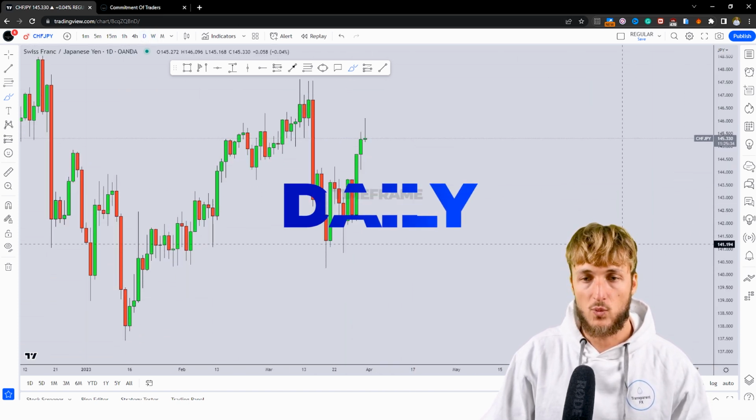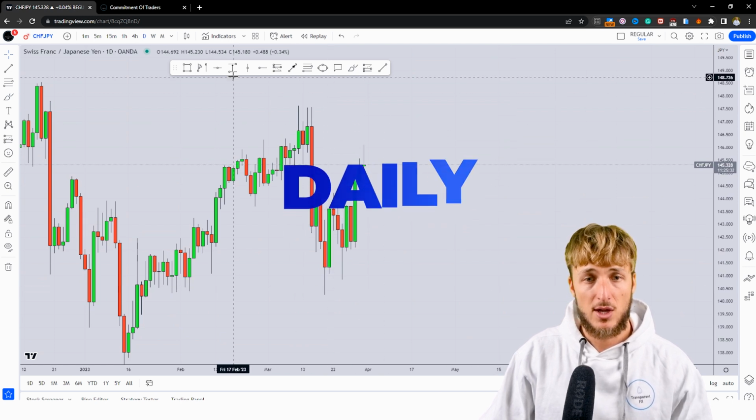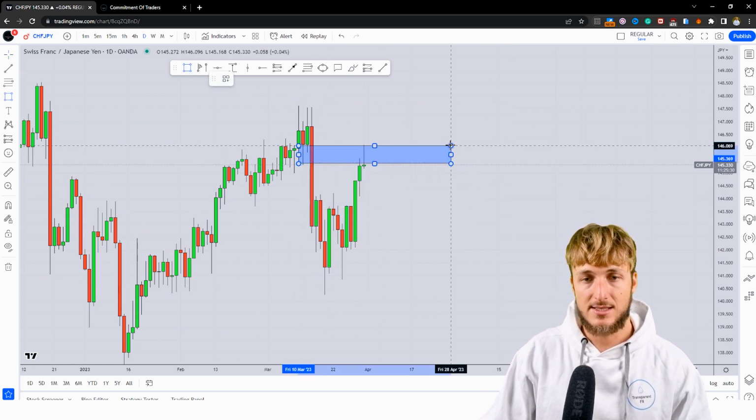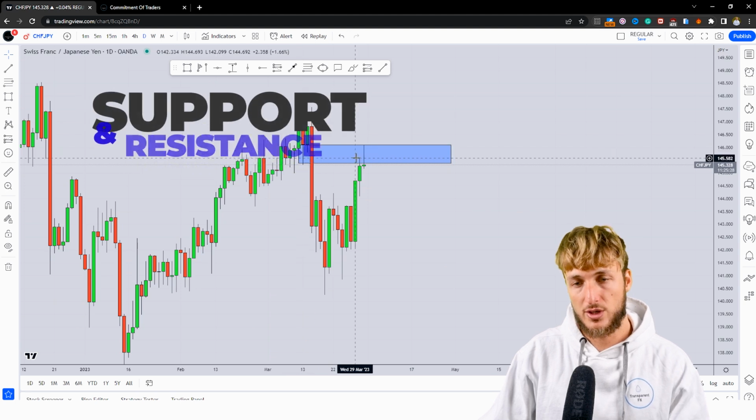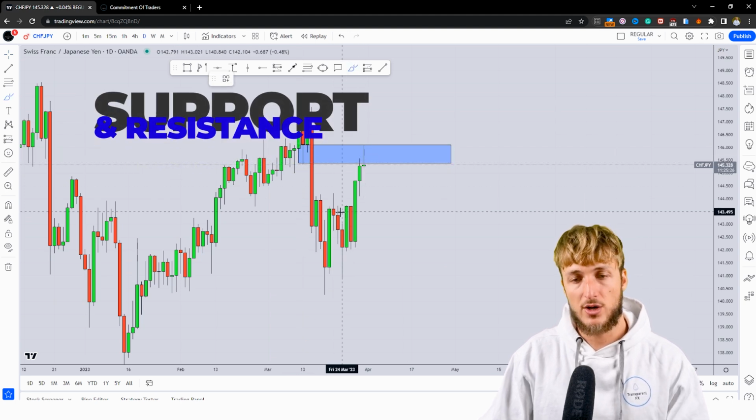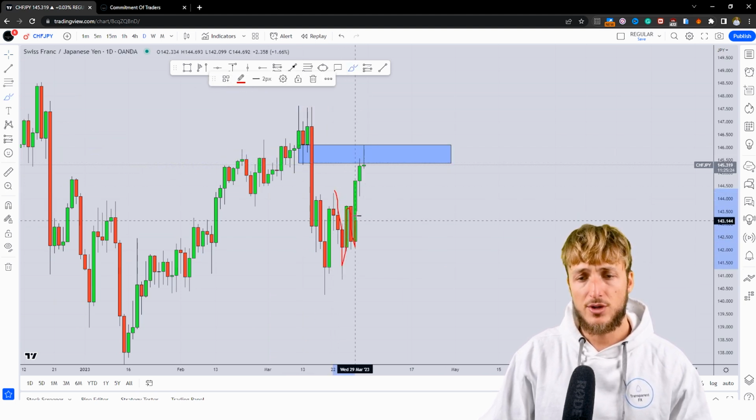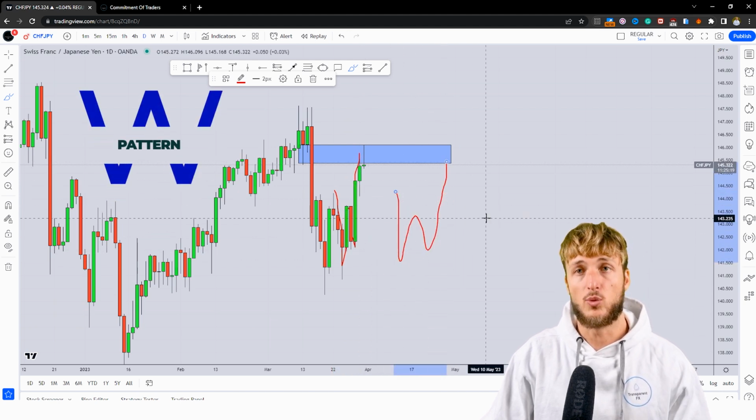Dropping down on the daily, what do we see? Now, from a daily perspective, we can see how the market is currently testing previous daily support, which is now turned resistance. We can also see how in creating this move to the upside, the market has currently printed an overextended W formation.